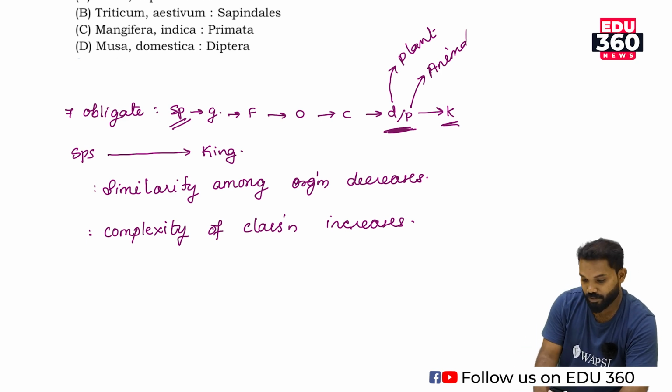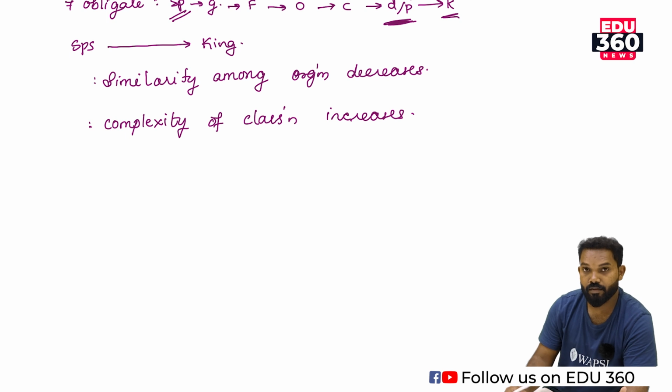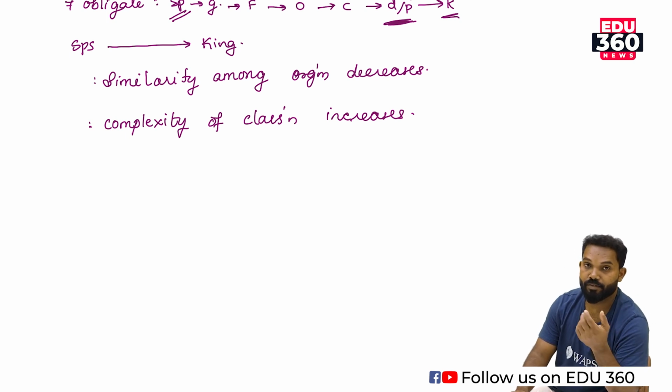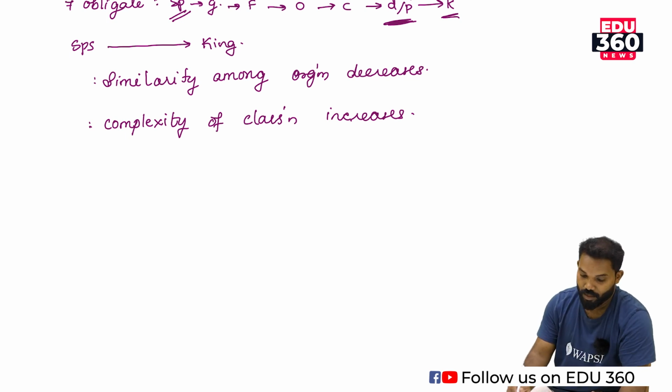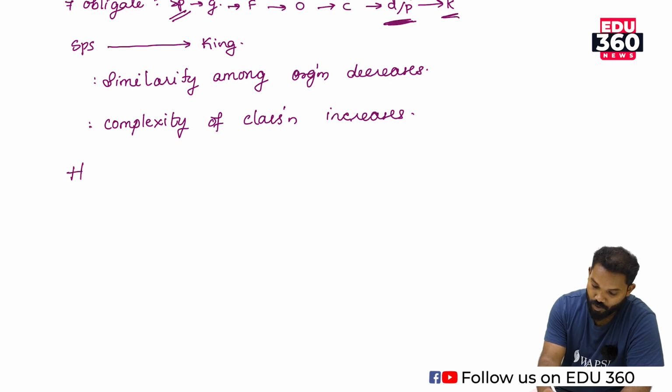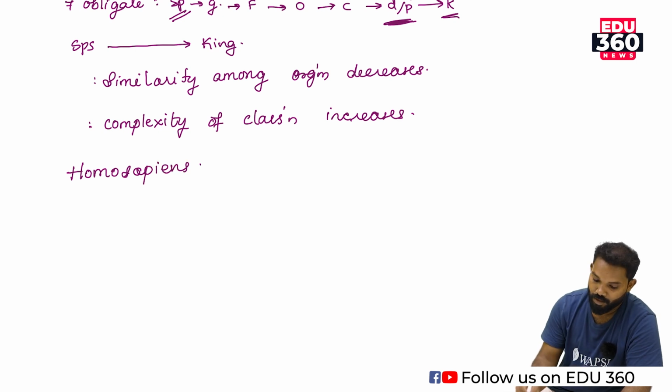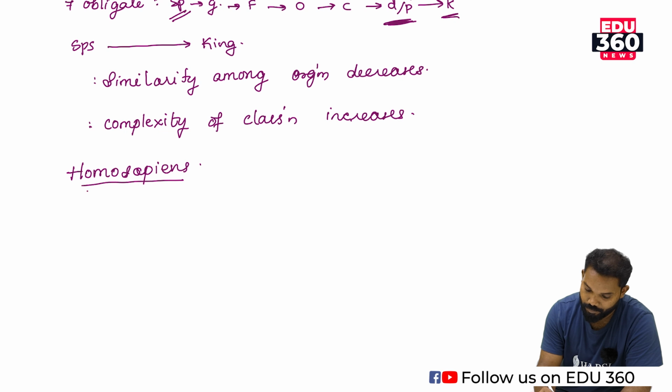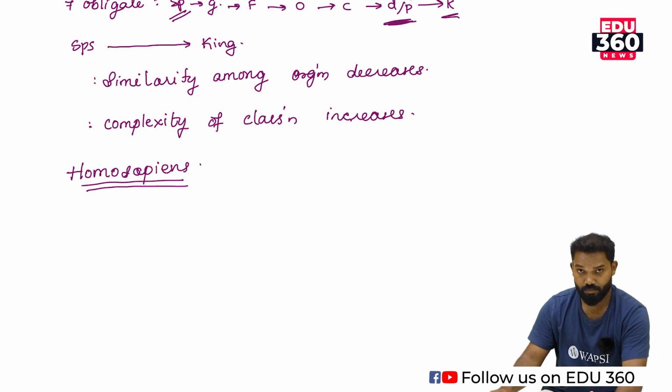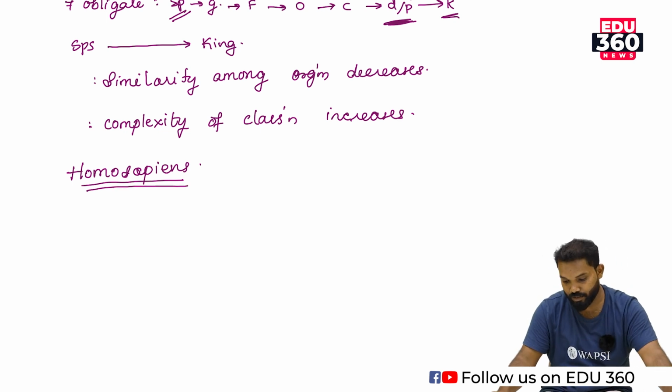Then, about human beings, our species name is Homo sapiens. Homo sapiens is a binomial nomenclature name or scientific name.